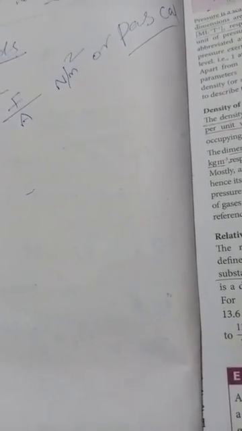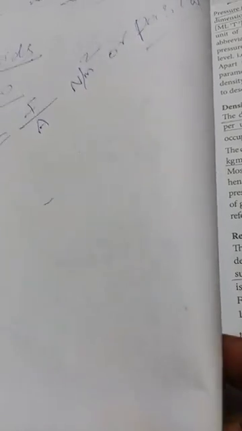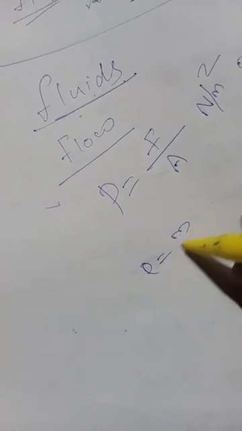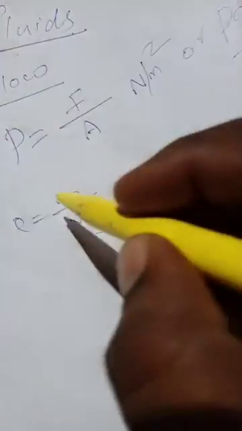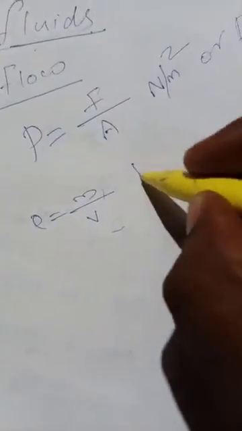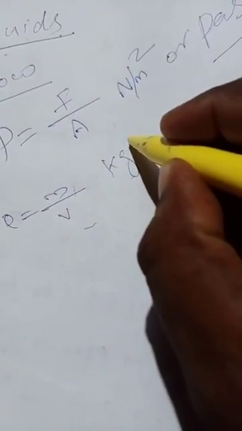Density means what? Mass per unit volume. So the density of a fluid also you can define as mass per unit volume, and the SI unit of density is kilogram per meter cube.